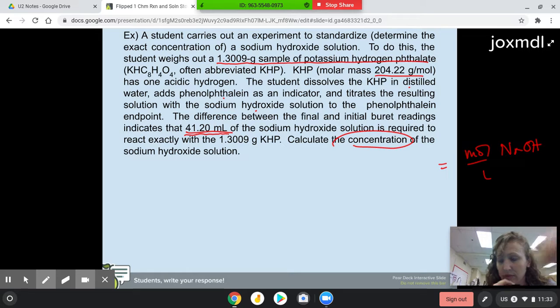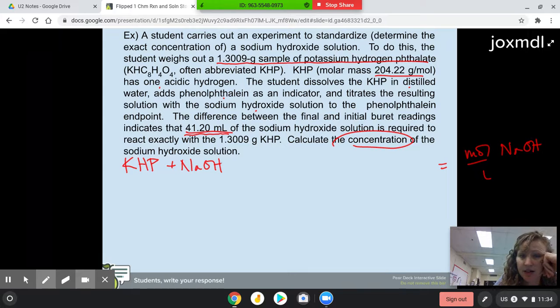I'm kind of confused on how to know what the products of your reaction are going to be. Okay, so let's write it out. You're going to have KHP. They tell you it has one acidic hydrogen, so NaOH, and they're telling you it has an acidic hydrogen, which means it's an acid, right? So our reaction is between an acid and a base.